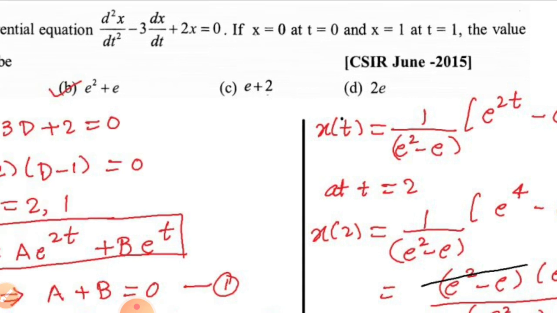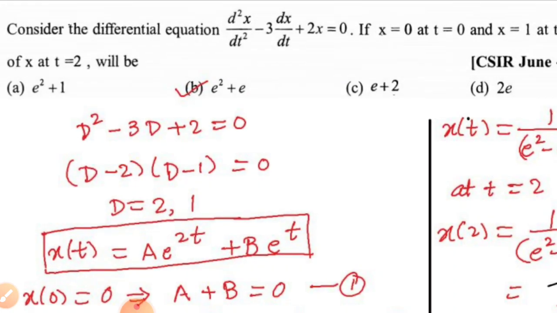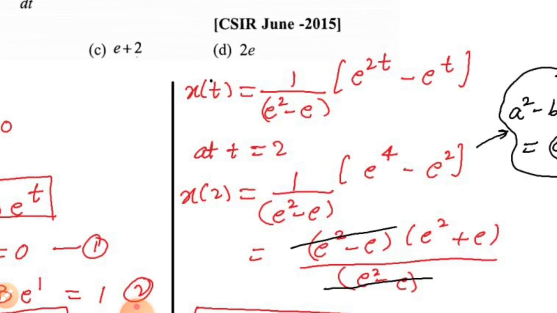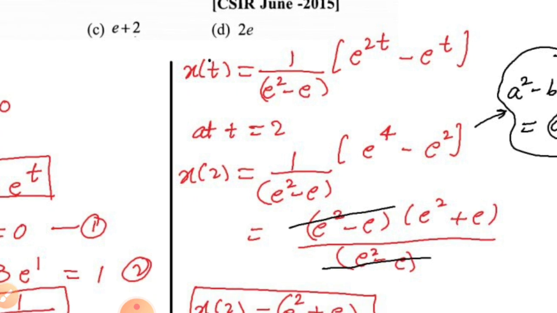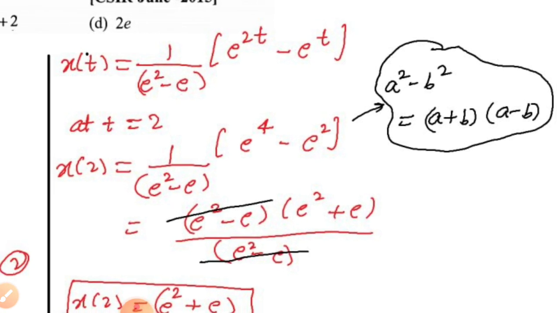Now the question asks, what will be the value of x at t equals 2? So in this equation we can put t as 2. If we put t as 2, we will have that x(2), the value of x at t equals 2, will be 1 by (e square minus e) times (e to the power 4 minus e square). Now we can use the identity a square minus b square equals (a minus b) into (a plus b).